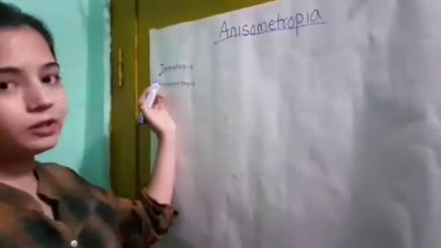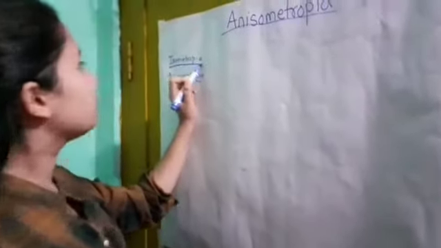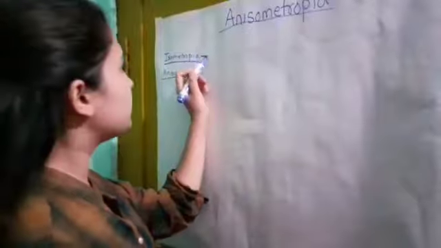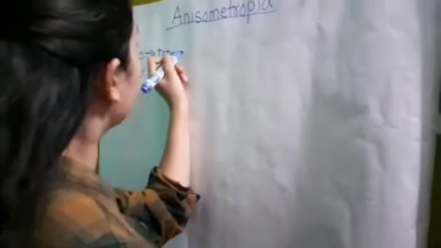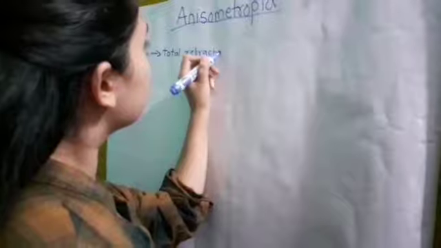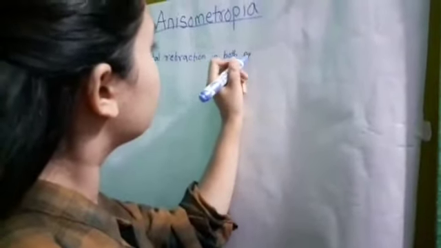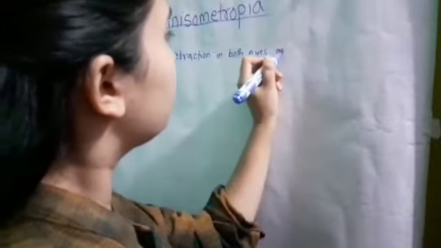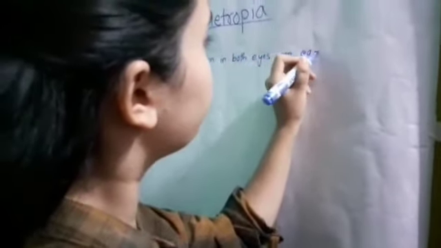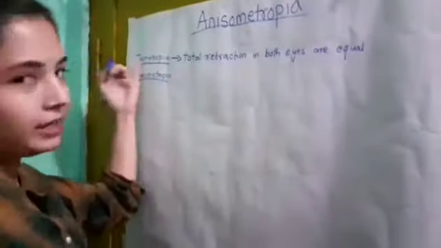Before knowing the definition of anisometropia, first of all we should know about isometropia. Isometropia means an optical state in which the total refraction in both eyes is equal. Anisometropia is just the opposite of isometropia.